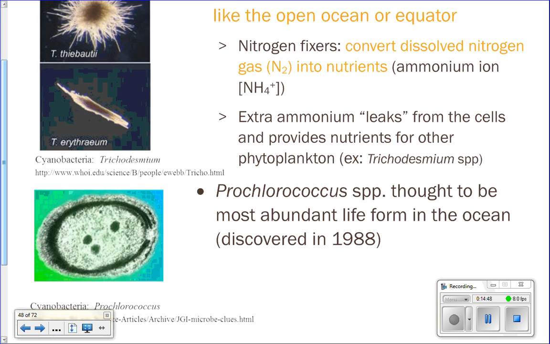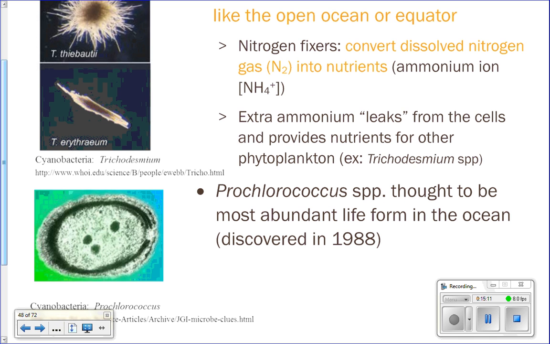What does that mean? Well, basically, all living things need nitrogen as an essential nutrient because nitrogen is part of amino acids, which form proteins. All proteins in your body have nitrogen in them. Most of the nitrogen on Earth is found in the form of nitrogen gas, which is not usable to living things.